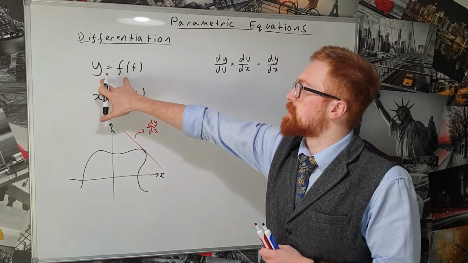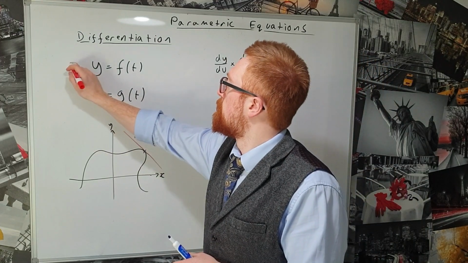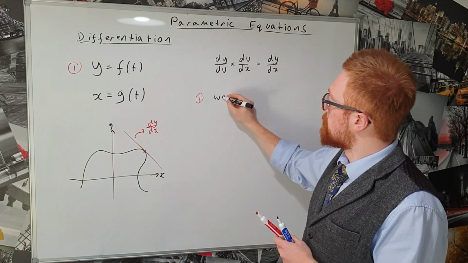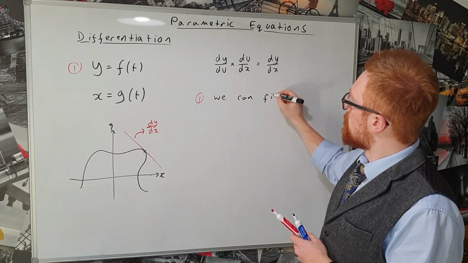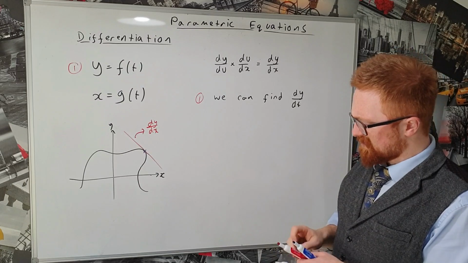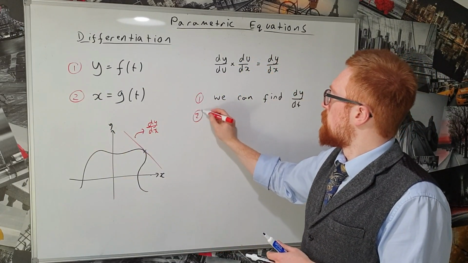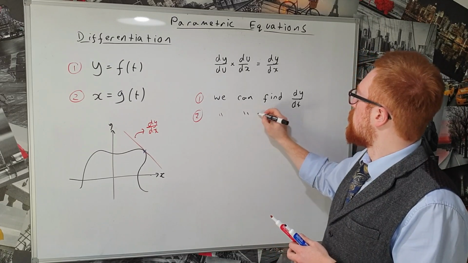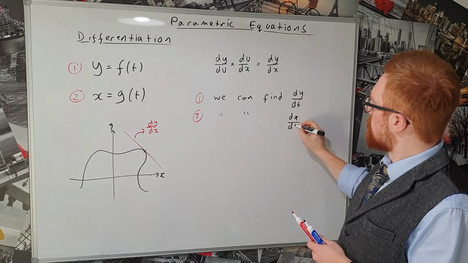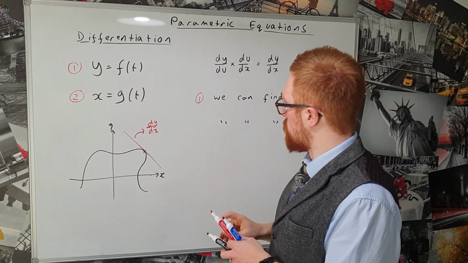So from this first equation, if we differentiate this, we can find dy/dt, and similarly from equation 2 we can find dx/dt, just by differentiating how we normally would.